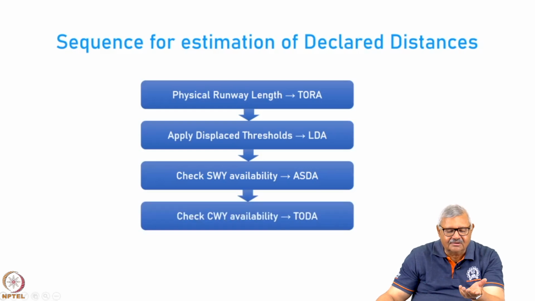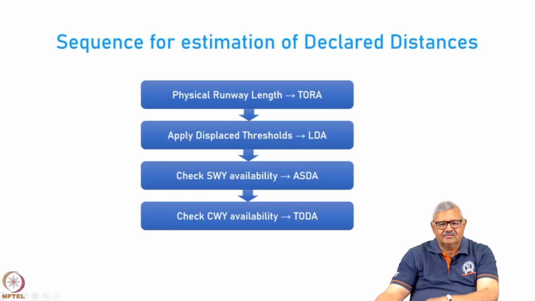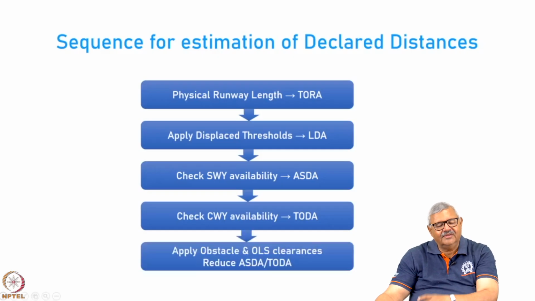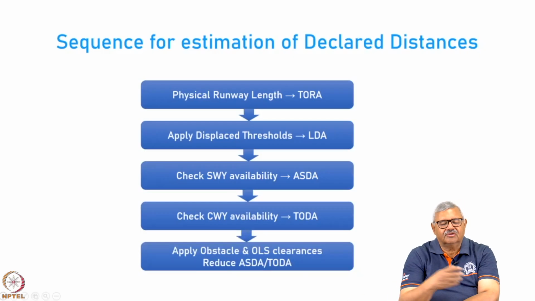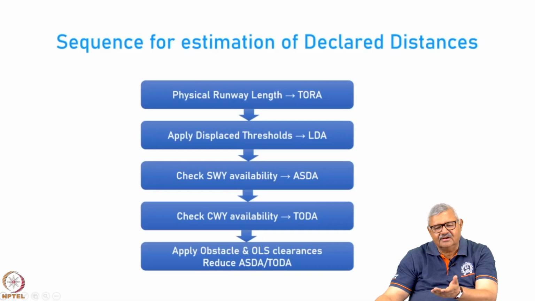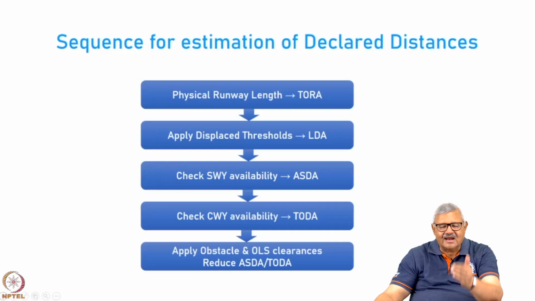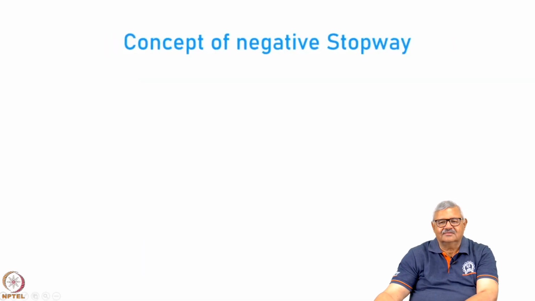Then we look at the clearway. If it is available, then TODA will be reduced. And then finally we look at any reduction in ASDA or TODA because of obstacle and OLS clearances in the stopway and the clearway respectively. So, these are the standard steps of arriving at the distances.